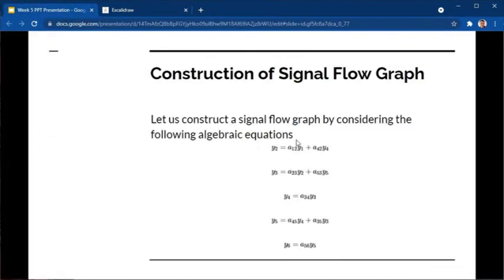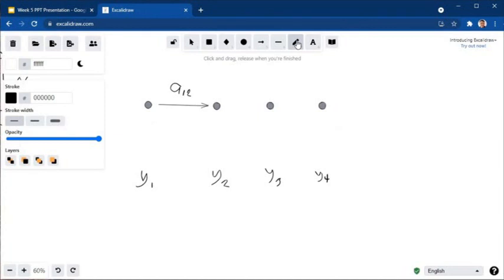Since all gains are labeled A, these numbers more likely mean nodes. So from node 1 to node 2. Next, the signal from y4, and the gain is from node 4 to node 2. So it will jump from node 4 to node 2. Okay, so this one.